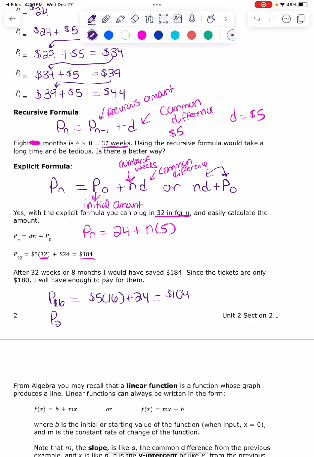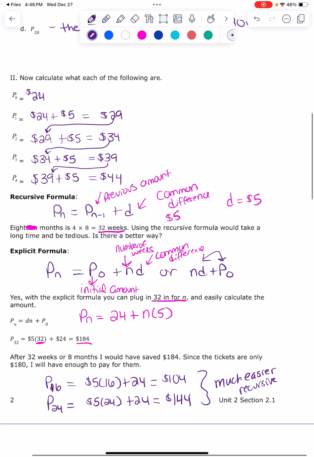And then for P sub 24, plug in 24 times 5 plus 24, it's $144. So that would be much easier than using the recursive. The recursive was fine for doing 1 or 2 weeks, right? But if you need to go further out, it becomes pretty tedious.